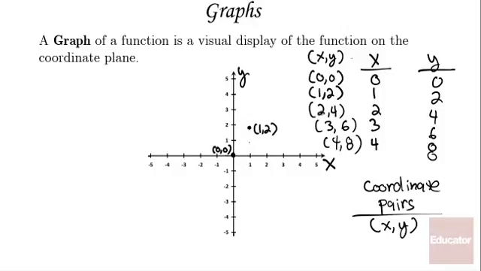For the next coordinate pair, I have 2, 4. 1, 2, and then up to 4 on the y-axis. Three, 6 would be over 3 on the x-axis, and then 6 is going to be about up here. And then 4, 8 would be my next point.